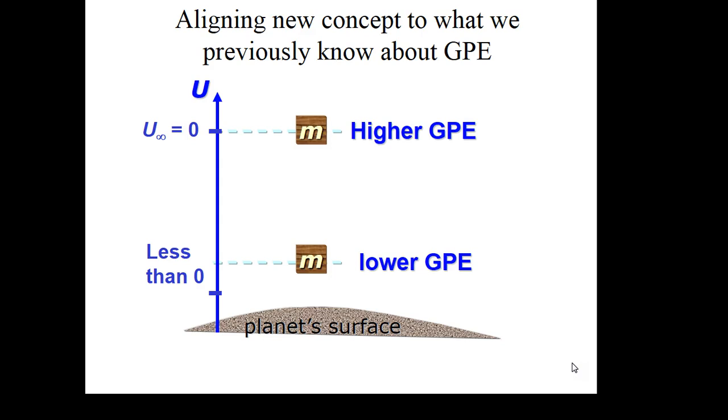When we talk about GPE at infinity to be 0, it is still true, just that the number becomes less negative. A number that becomes less negative means it's a larger number, and hence it's a higher GPE. Correct? So you need to know that.